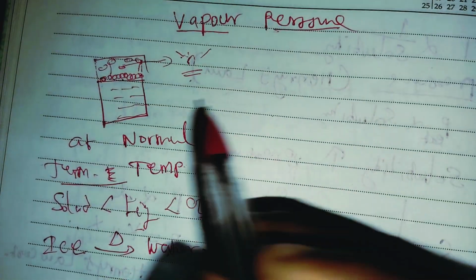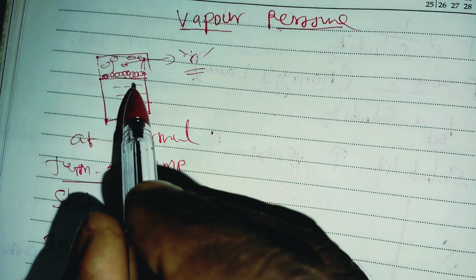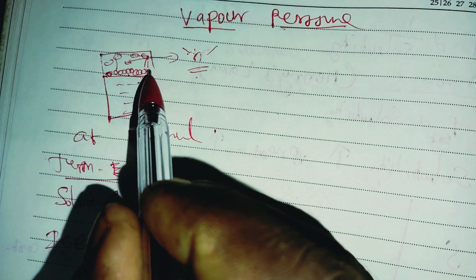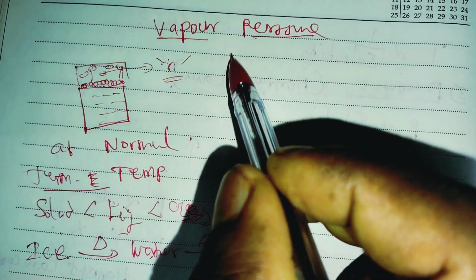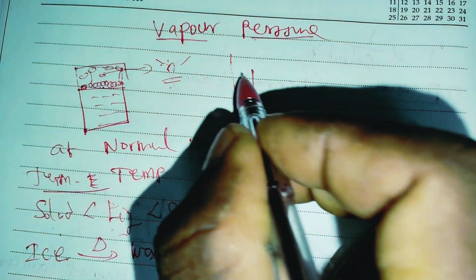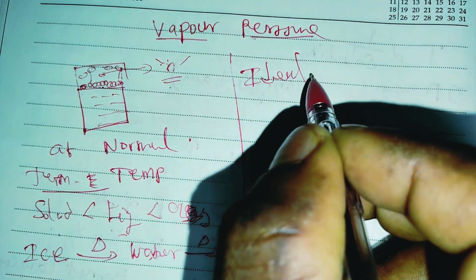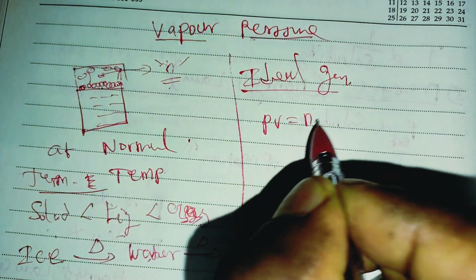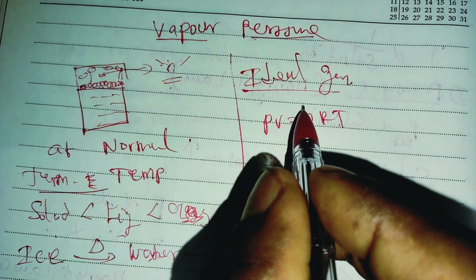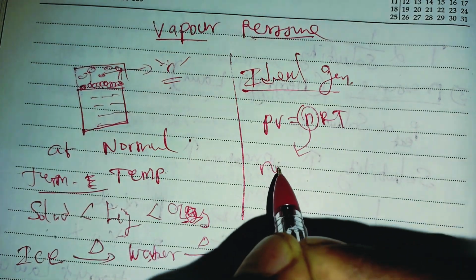With that energy, the molecules at the surface of the liquid convert to the gaseous state. In the ideal gas formula, PV equals nRT, n is the number of moles.